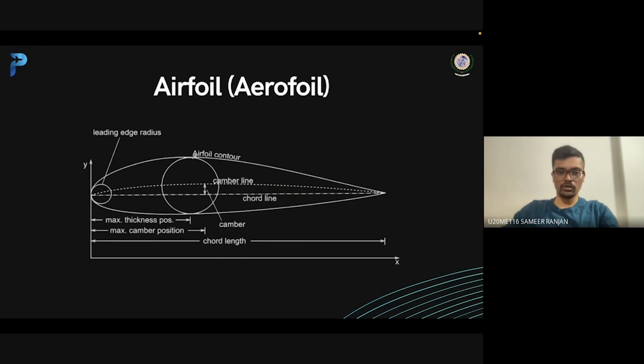Same for thickness: the position from the leading edge to the maximum thickness is called the maximum thickness position. And the radius of curvature of the leading edge is called the leading edge radius. These things are not much used in day-to-day work, they are only a few jargons of the aviation sector.